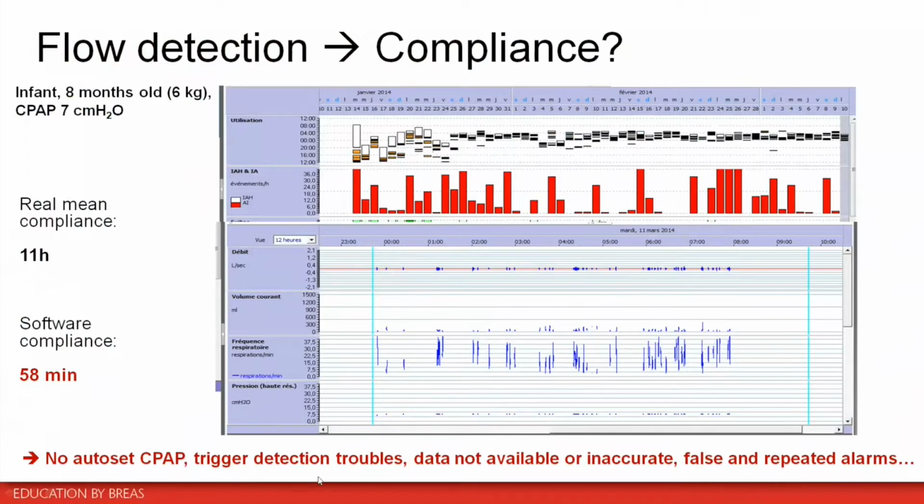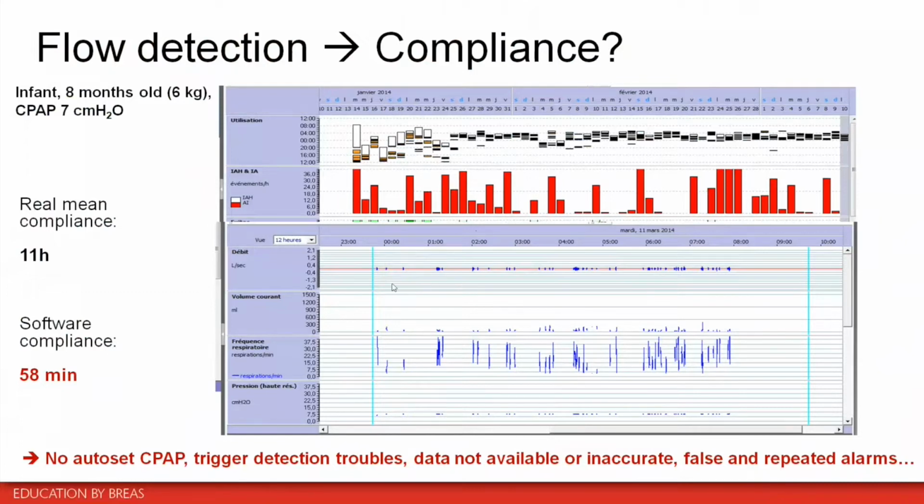You may have, and this is very, very important, for example, for children under CPAP, you will be able to use any ventilator, because even if you don't have the compliance, even if you don't have other data, you know that for constant CPAP, the ventilator will work. You will always have CPAP, and that will be okay.